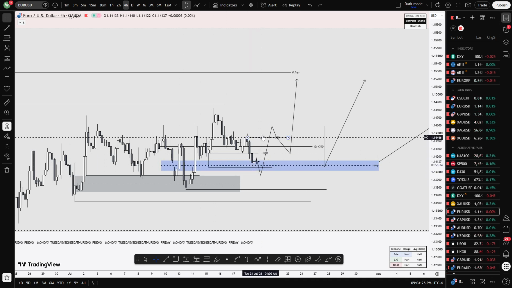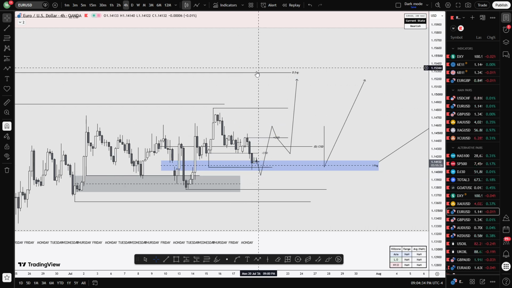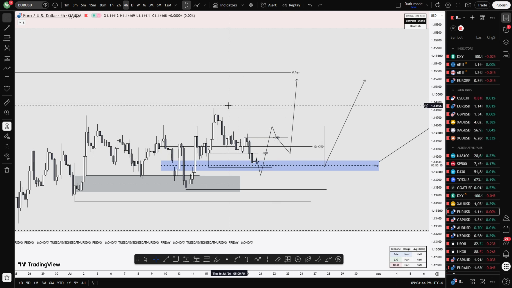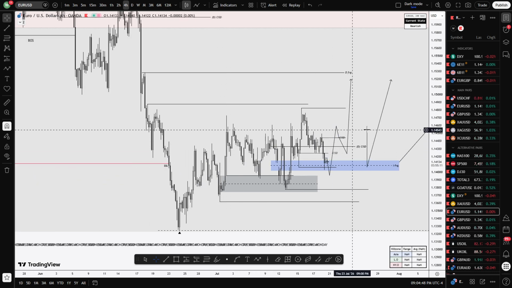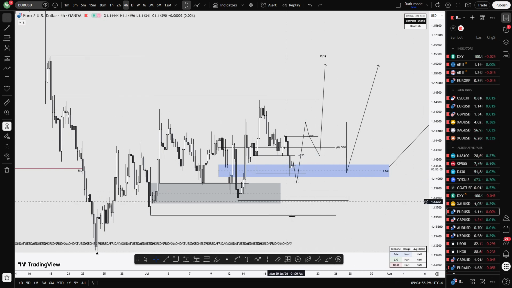So if price is coming back to take this high, then very well, you could just take it, your stop loss placed here, and target this high. Or you wait for the pullback and then you drop to a lower time frame and get your entry here as well, and then you aim for these highs as your take profit, right?